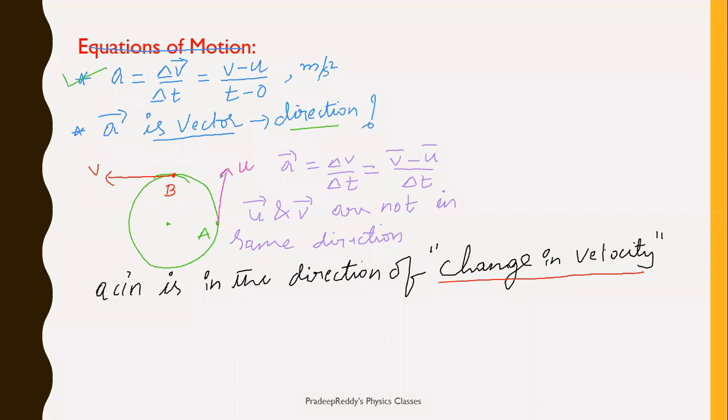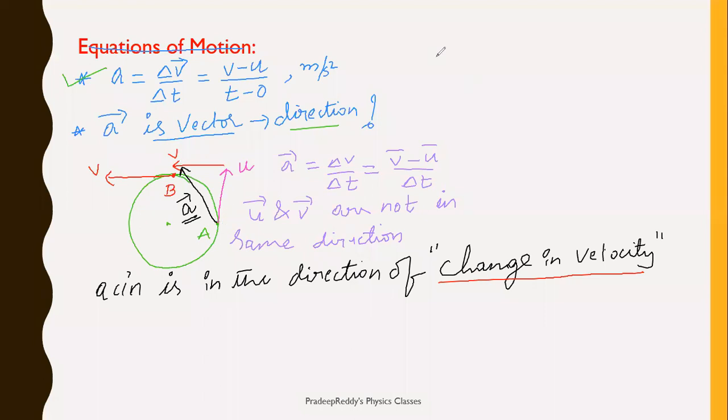Now how to find the change in velocity? Simply you take the resultant vector. This is v. The resultant of these two is the direction of a. About this resultant we will be learning in the coming classes. So this is u and this is v, and this is the resultant a.